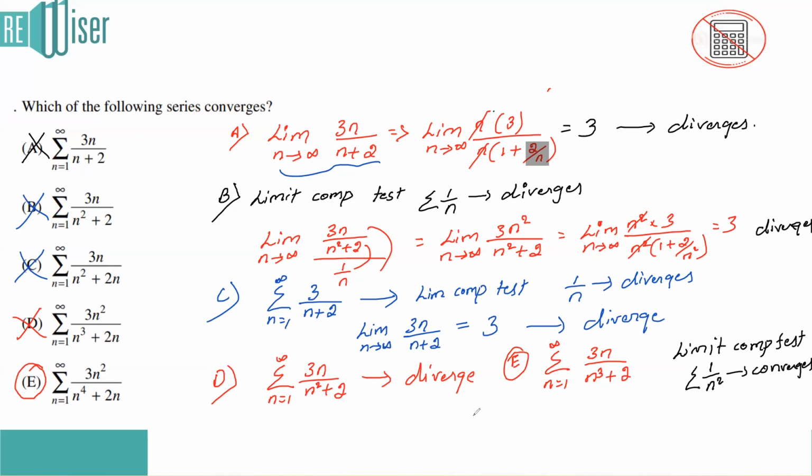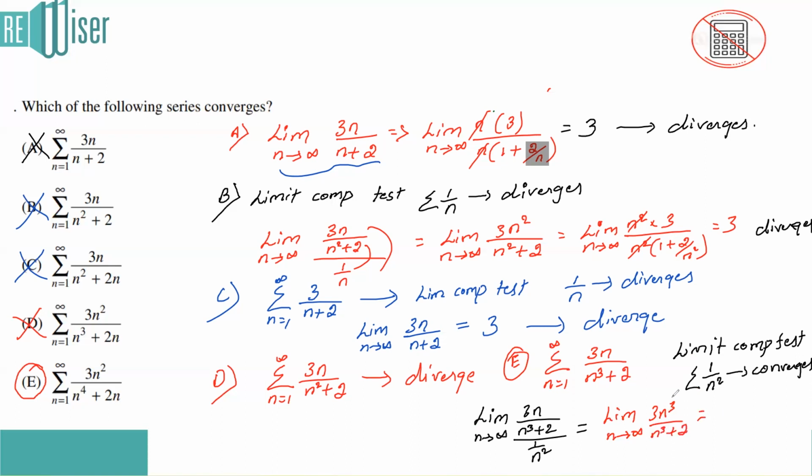If I apply the limit comparison test, that's the limit as n tends to infinity of 3n over n cubed plus 2, divided by 1 over n squared. Simplifying, I'll get the limit as n tends to infinity of 3n cubed over n cubed plus 2.